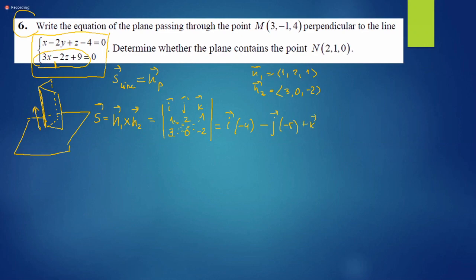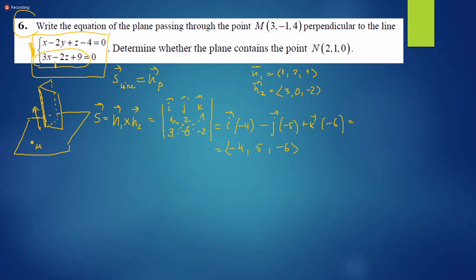So this is minus 4, plus 5, minus 6. That is the direction vector of this intersection line, of this line that we are looking for, but it is also the normal vector of the plane that we are seeking. So the point M is somewhere there. So basically this is A, B, C. This is the normal vector for our plane.